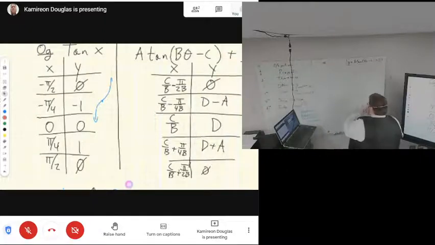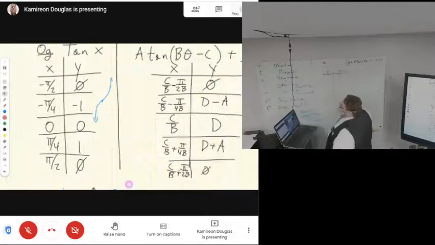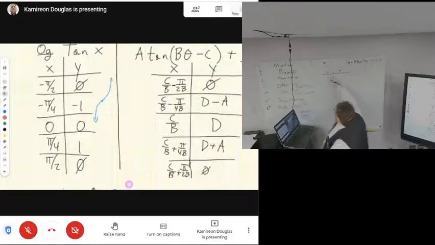All right. Now, for this table, I will put the entire table up here. But do note, for the first couple days, just like before, we will not be doing any phase shift problems, meaning there will be no C's anywhere in here. So here we go. The top one, C over B minus pi over 2B.